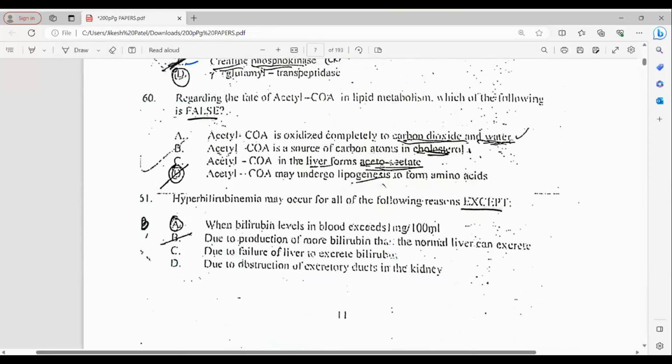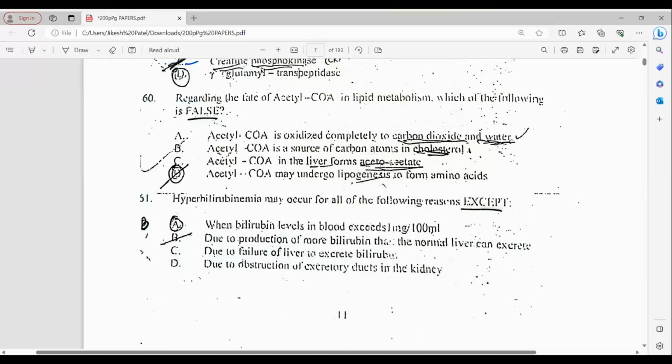It's also excreted in urine, but as urobilinogen or urobilin.